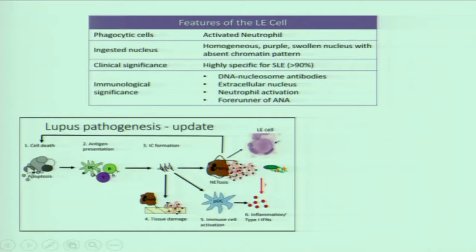So we know that there is a lot of cell death with apoptosis and release of nuclear material that somehow is not cleared in lupus as it happens in normal people.